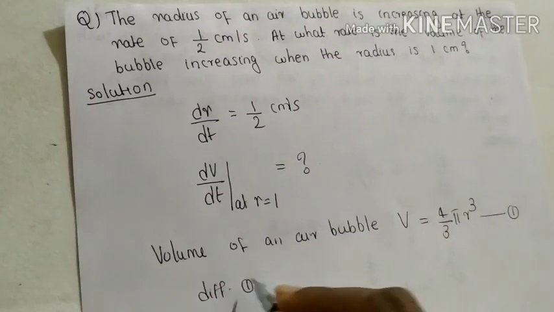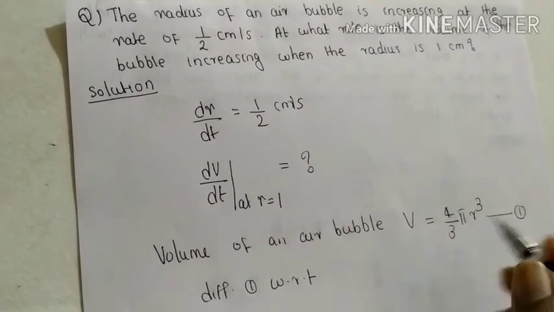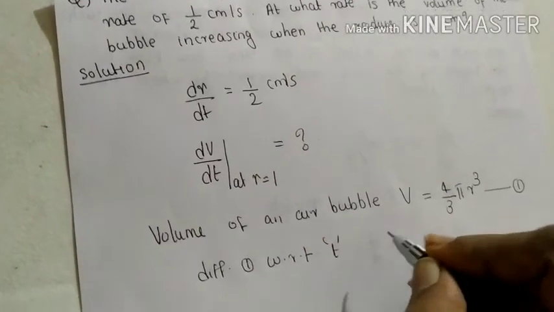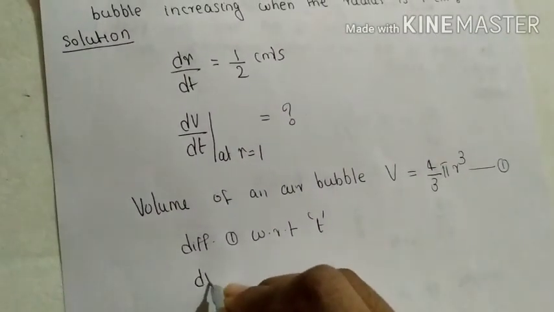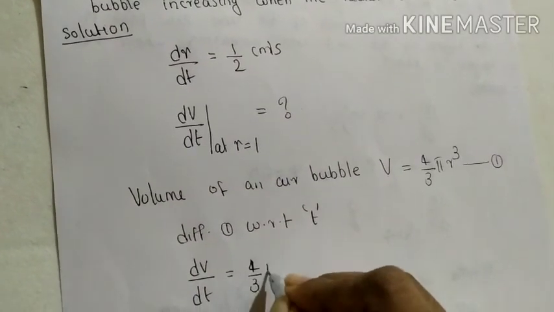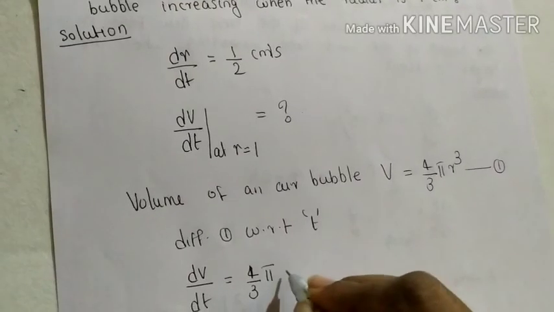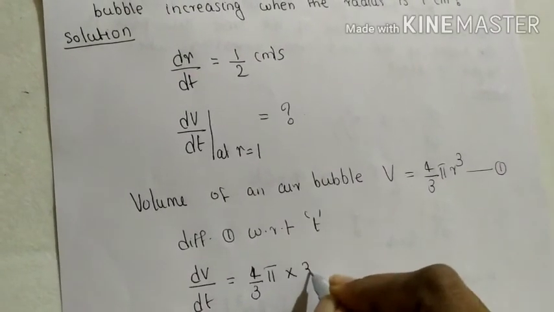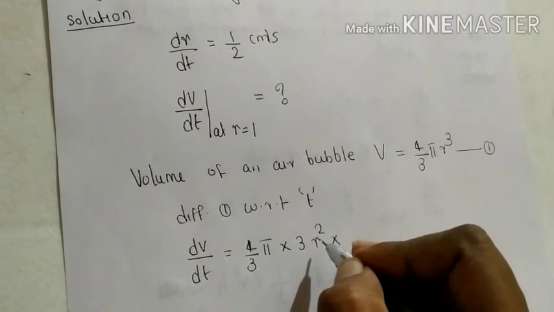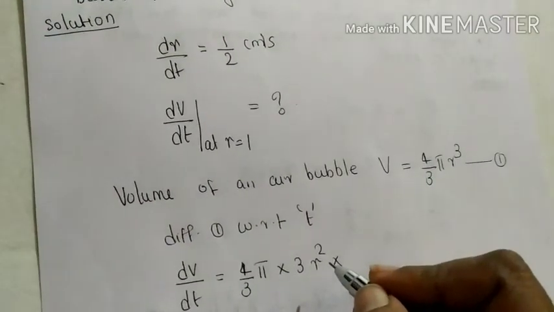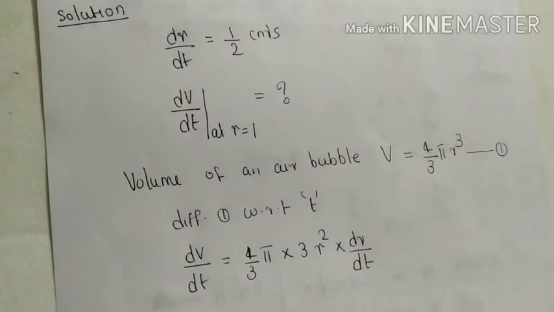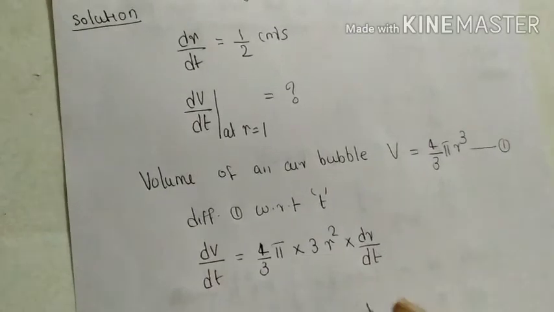Differentiate equation number 1 with respect to t. On both sides we get dV/dt equal to, here 4/3 π is constant, the derivative of r³ is 3r², and r is again a function, so by using the chain rule we need to write dr/dt here.